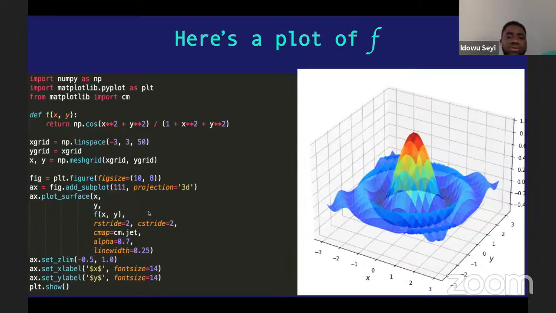We are calling this function f of x, y. Then we set the x label and the y label. When we say plt.show, it gives us this exact graph. There is no way we could have drawn this by hand, making it look this accurate and this beautiful.